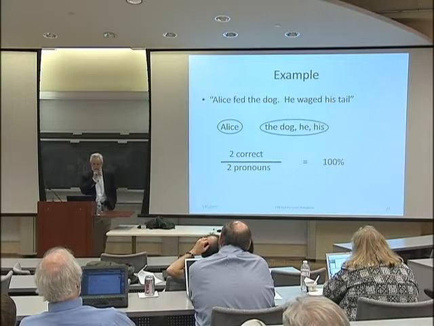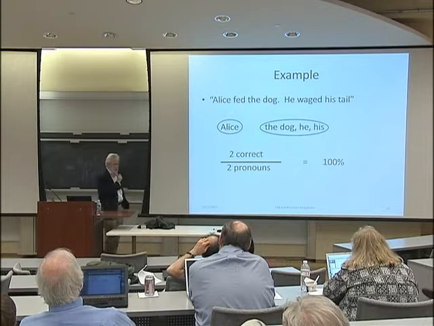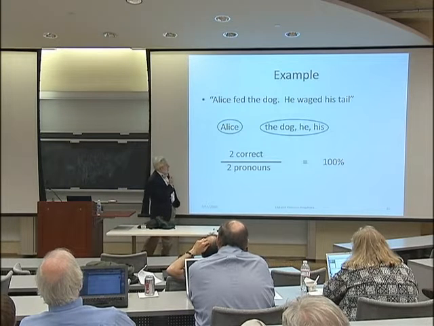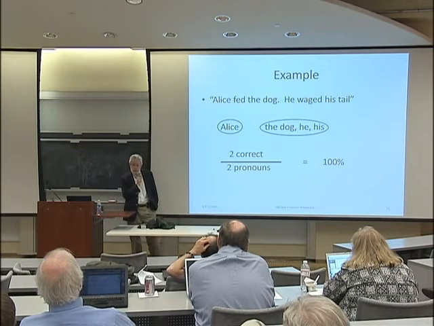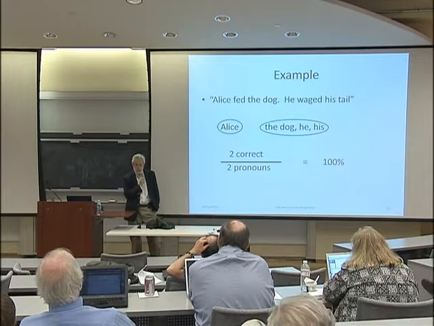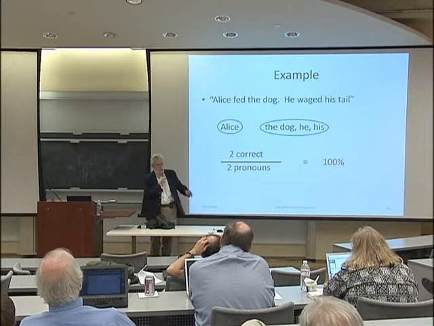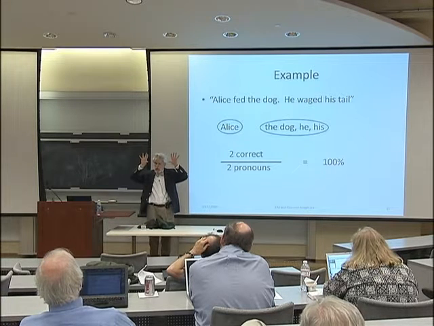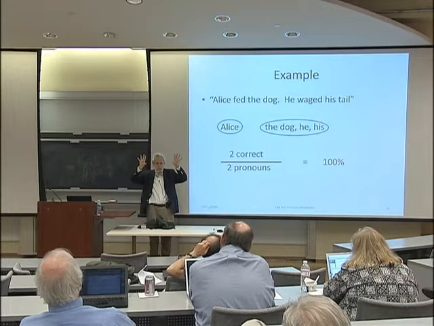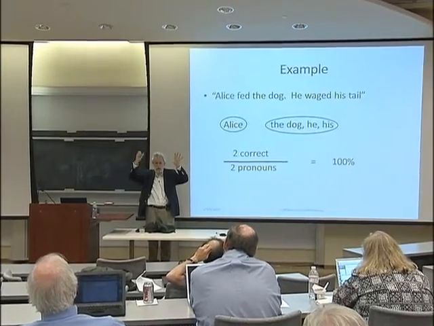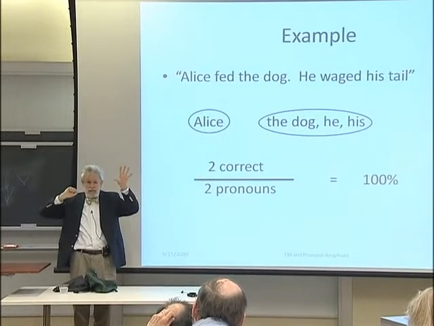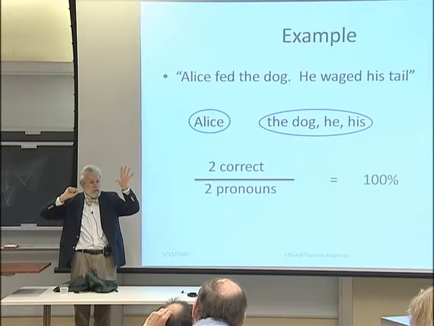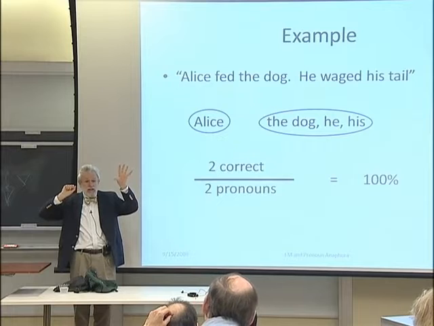So here's an example that's going to help elucidate this final ambiguity. Alice, the dog, and he. Basically, you start out with collections of noun phrases and pronouns. Now you remove all the pronouns, and the goal is to put the pronouns back in the same set from which you had just deleted them.